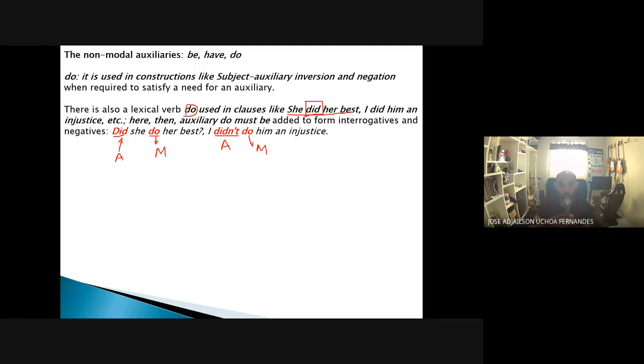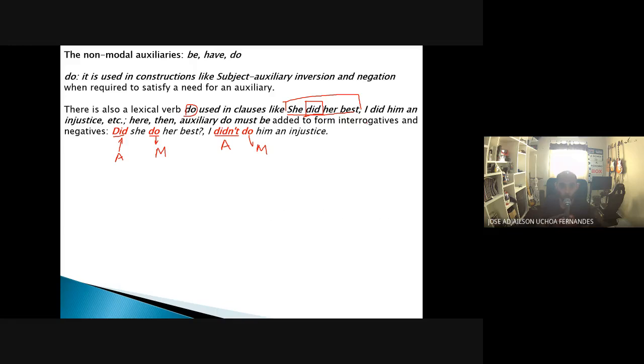It does not appear in the first affirmative sentence. She did her best. We have only one do, which is lexical. But when we make interrogative sentences or when we make negative sentences, this auxiliary do appears.